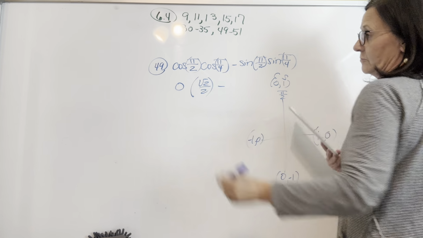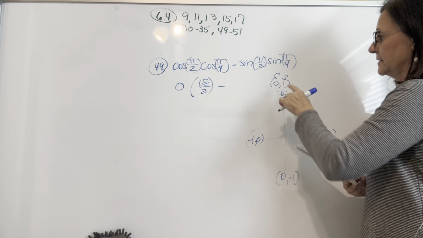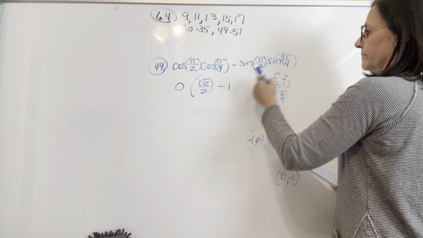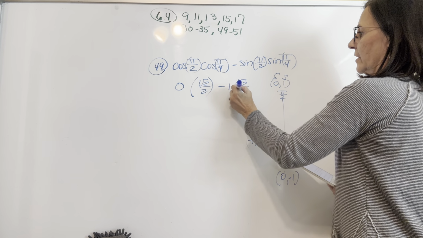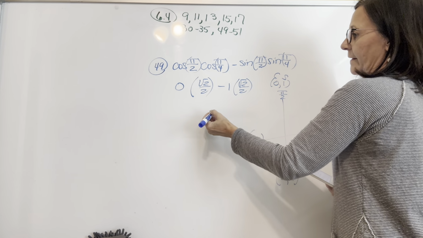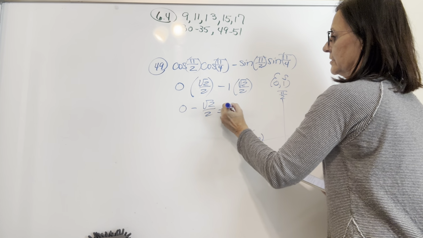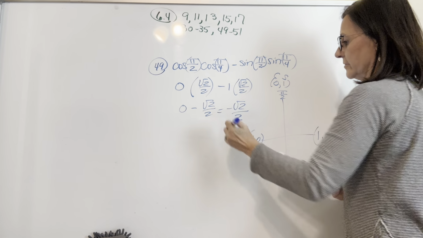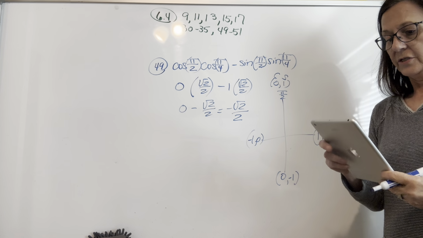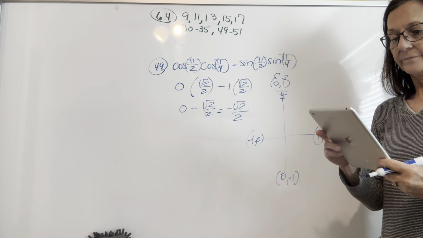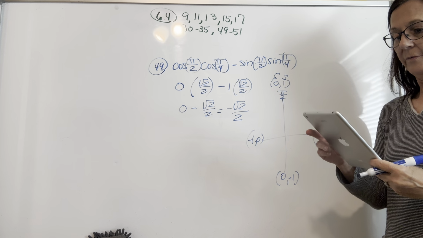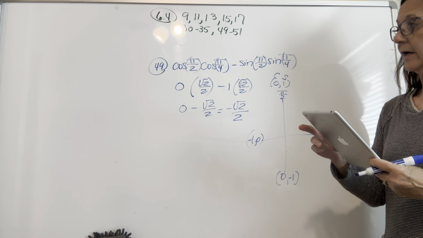It doesn't matter because it's 0. Minus the sine of pi over 2, 1, times square root of 2 over 2. When you multiply that out, that's 0 minus square root of 2 over 2, which is negative square root of 2 over 2. That's 49.